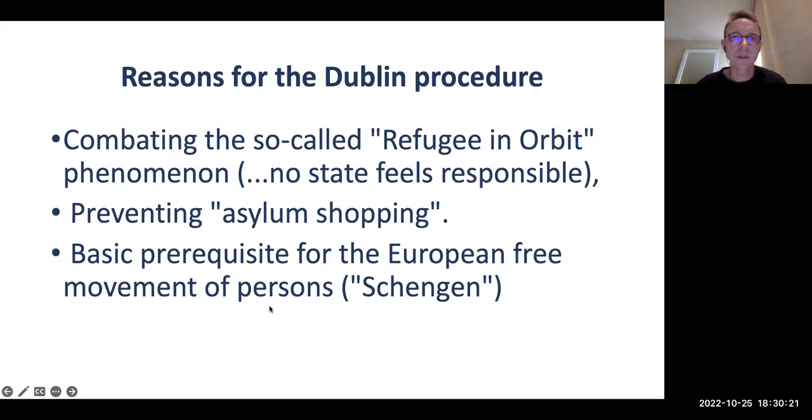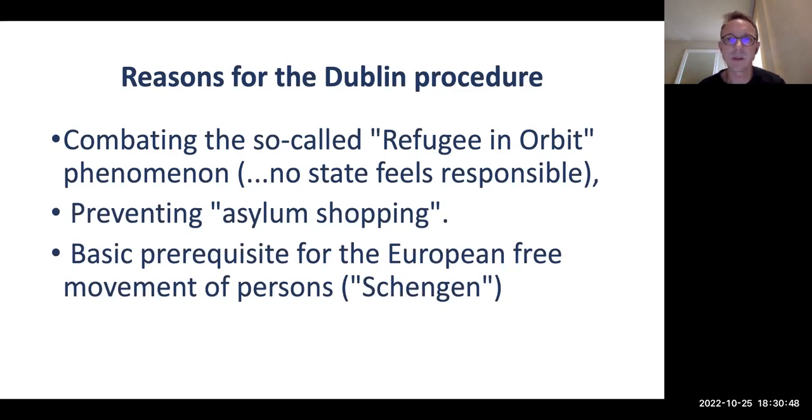And then, of course, and that's one of the main reasons, and I will talk about this history quickly, because I think it's very important to connect to the actual Dublin regulation, this historical fact, because it has been a prerequisite for the European free movement of persons zone, the Schengen zone.